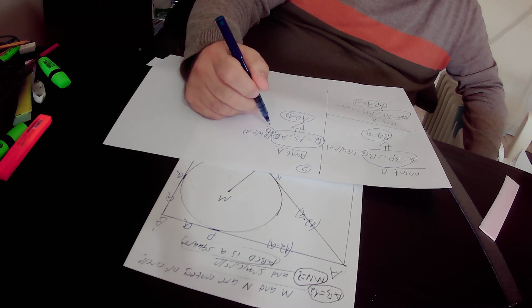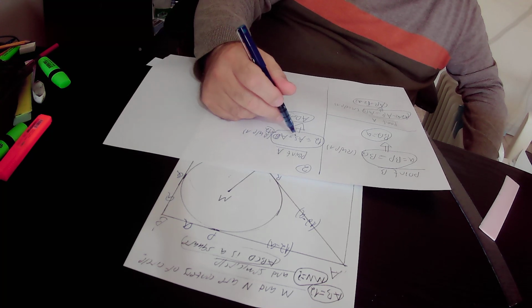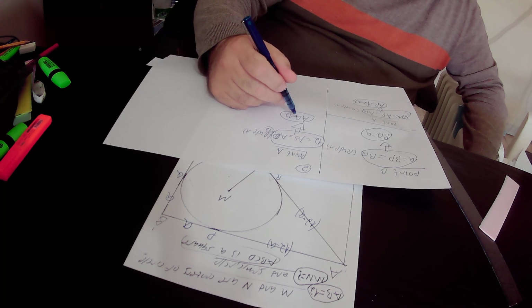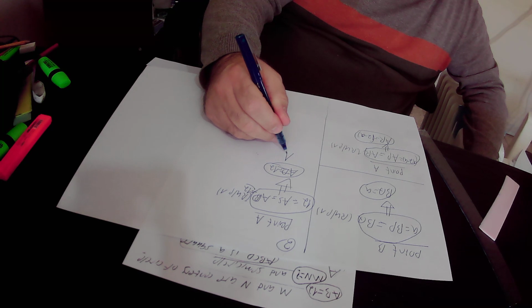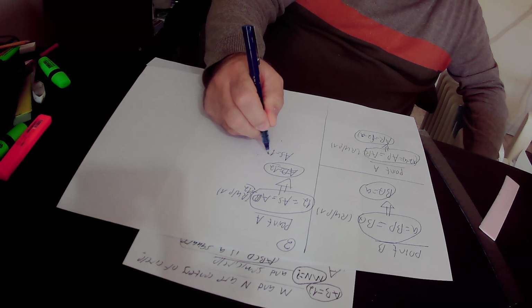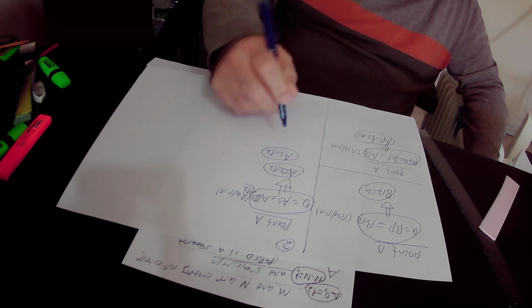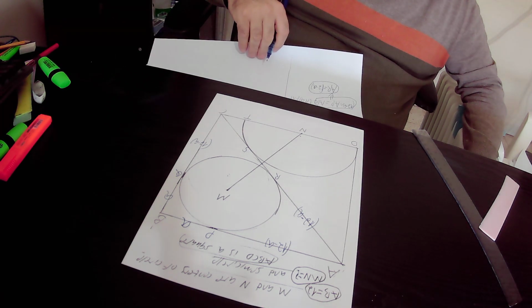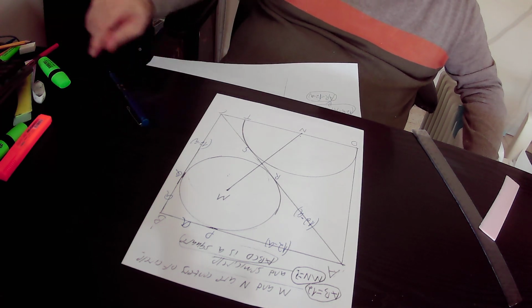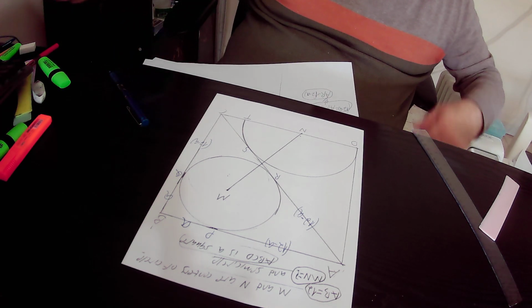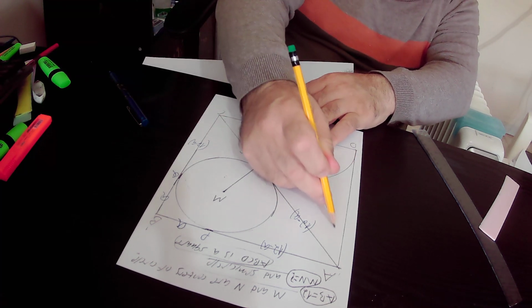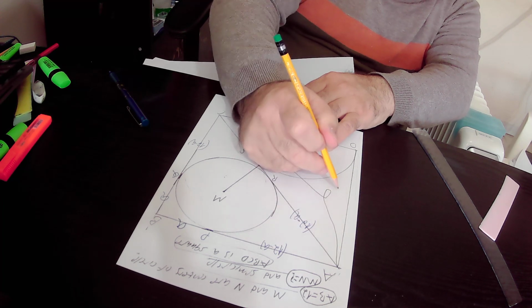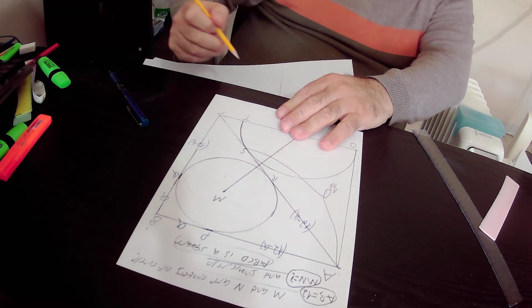And from this equation, 12 equals AD equals AS, we will conclude that AS is also equal to 12 units. So here we can write down that AS is also equal to 12 units.